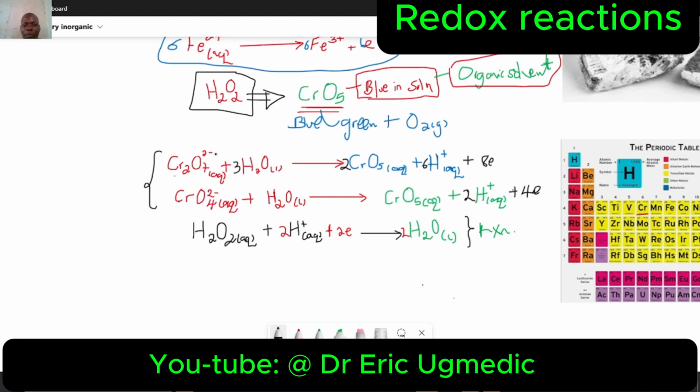So you have the dichromate this side reacting with the hydrogen peroxide, and then you have a total of 8 hydrogen ions. That's after multiplying by 4 to make them equal to 8. And then you have 8 hydrogen ions.